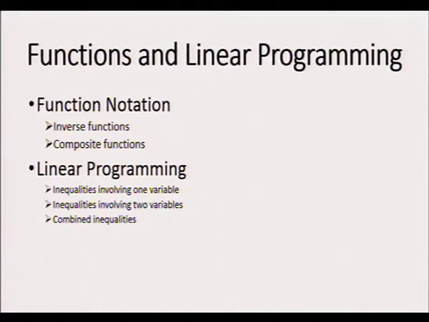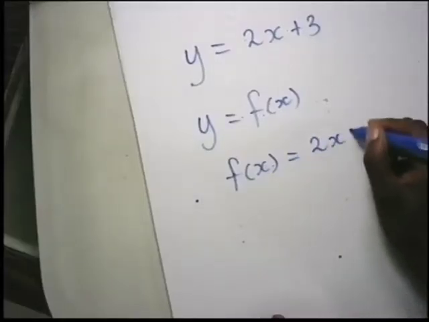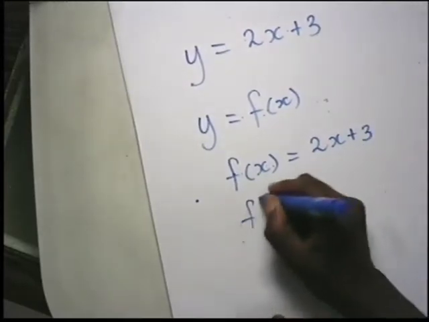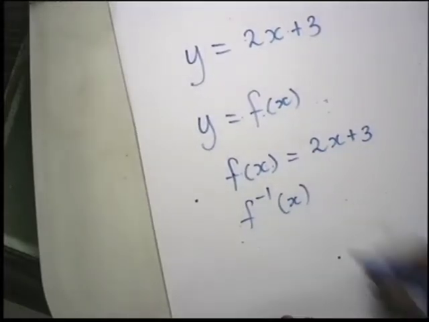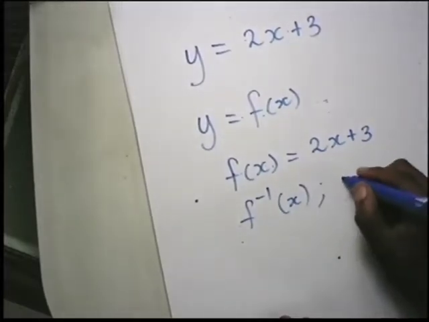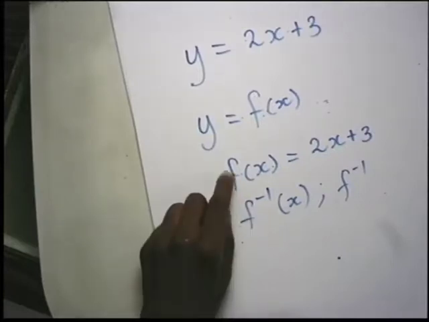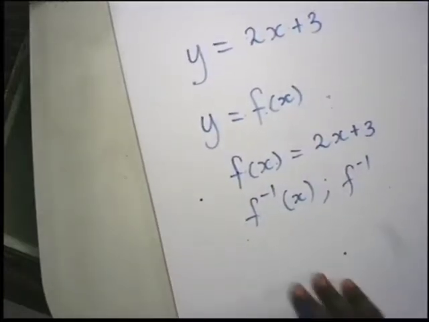In other words, what I have on top there can be expressed as f of x is equal to 2x plus 3, and an inverse will be represented by this symbol, or just that. Now to find an inverse function of this, there are certain steps that you should follow.